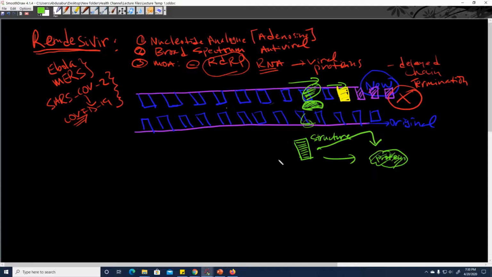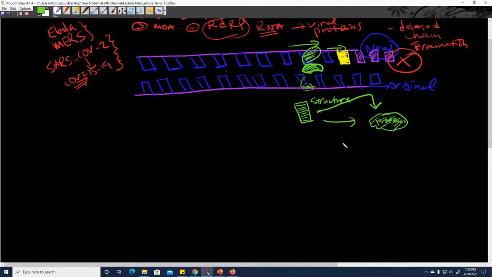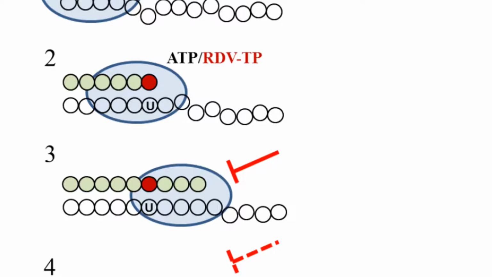processes. So clinically speaking, what this means is you prevent the viral replication, which means you have less viral load.